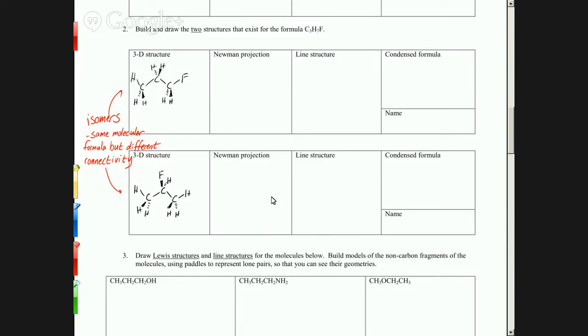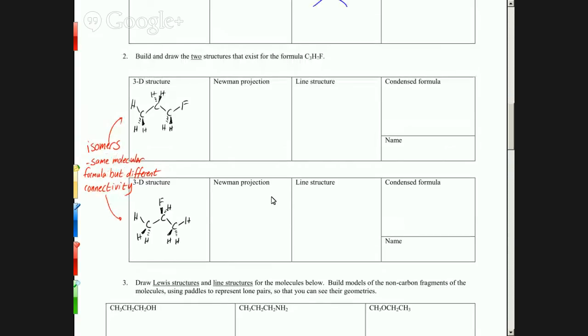All right, so I looked around. It looks like most of you talked to each other, and you got that this line structure would look like that, and then this one would be like that.